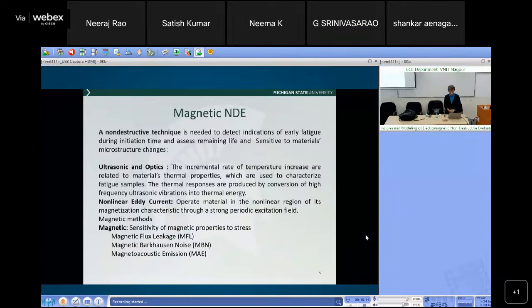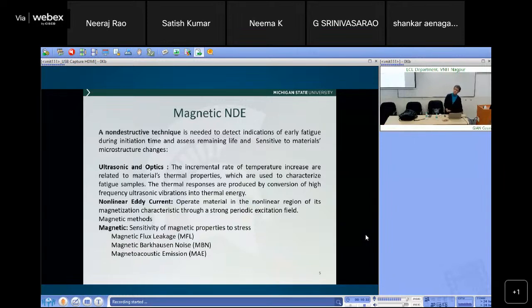So they want to determine the initiation changes. Basically, we are looking for NDE methods that are sensitive to how the material properties change with microstructural changes.